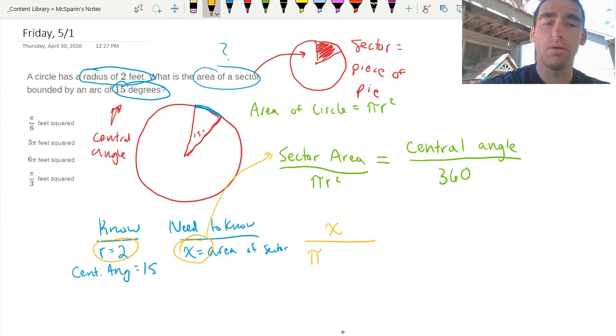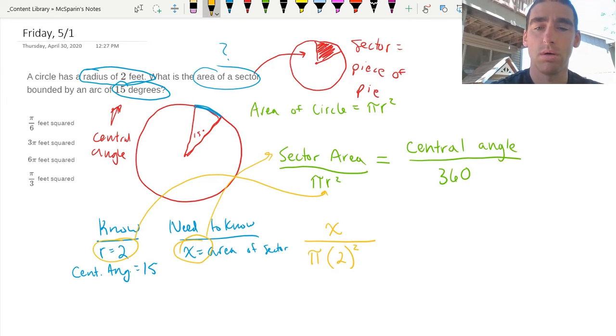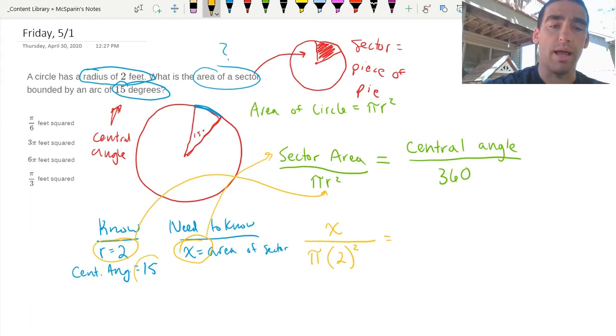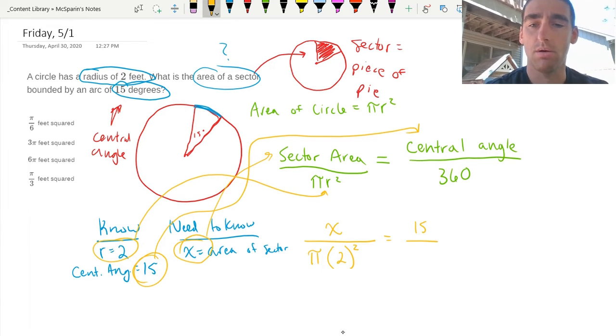R is 2. So that's going to go there. 2 squared. Central angle is 15. So that's going to go there. 15 over 360.